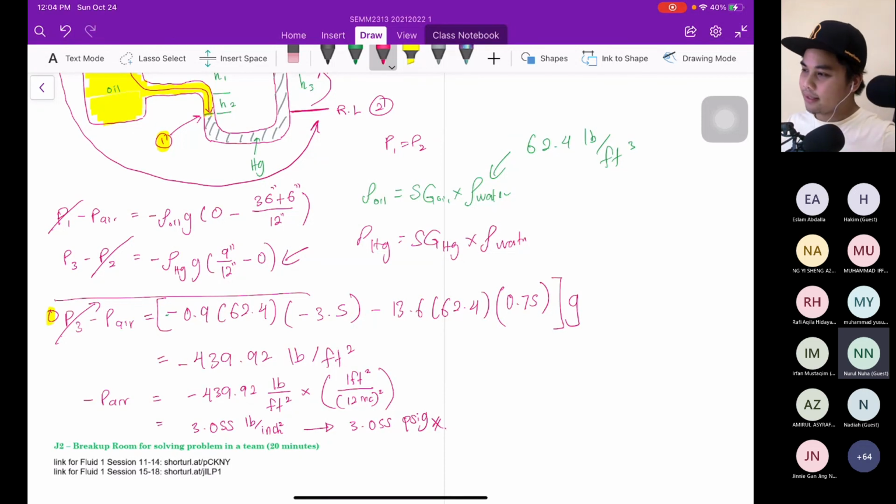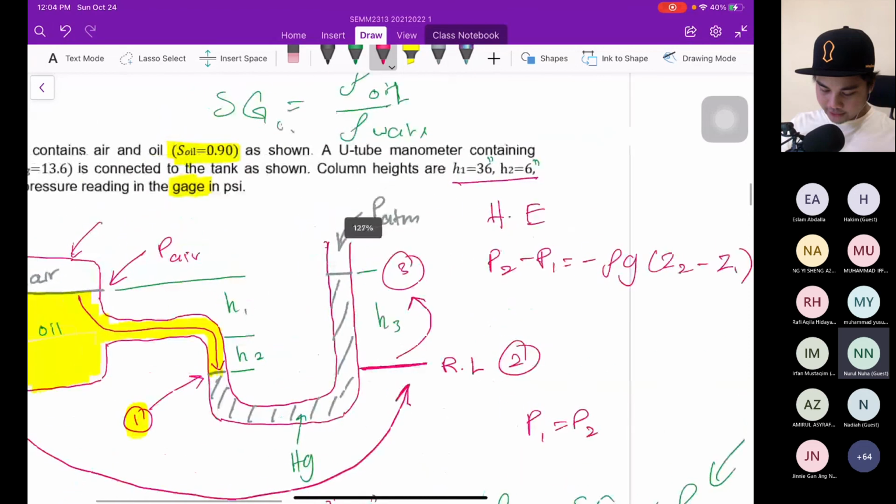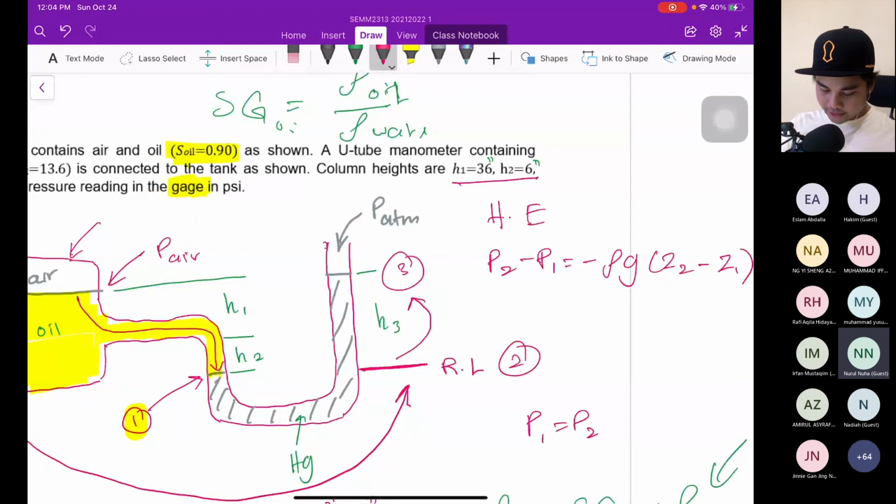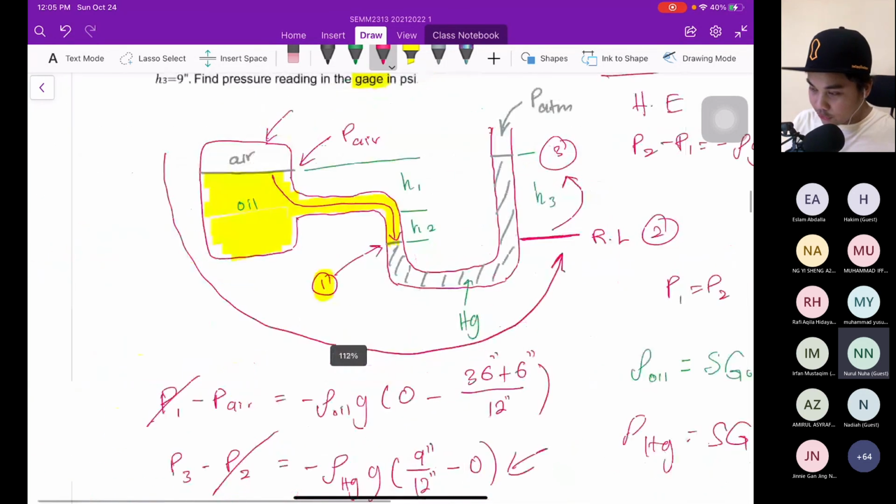Can I ask why P3 is 0 again? P3 is referred to atmospheric pressure. Do you know that P3 is equal to PATM?